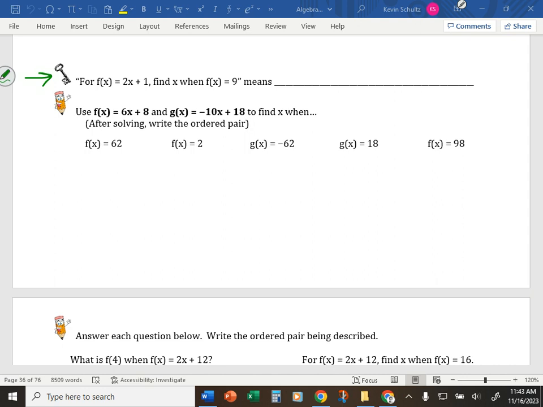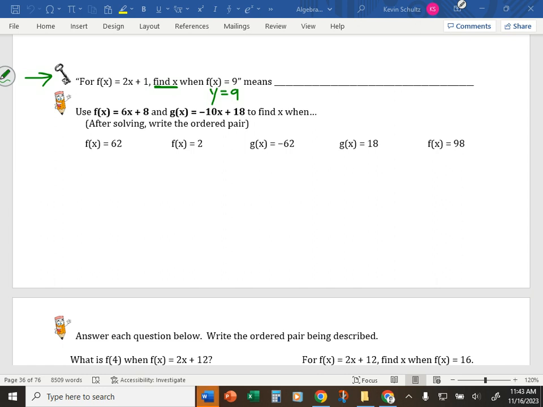First of all, if I'm giving you x, would I tell you to then find x? No, that'd be silly. Secondly, f of x just means y. So what this is really saying is, for f of x equals 2x plus 1, find x when y equals 9.